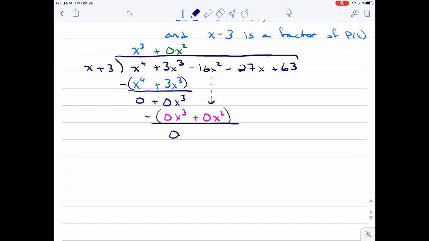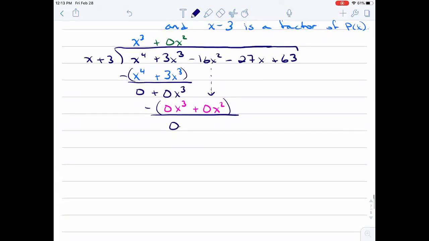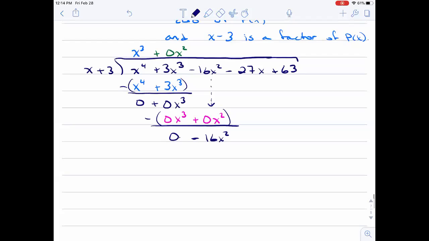Negative 16 minus 0 is negative 16x squared. Cool. Okay. We're out of that rut. Just keep going.